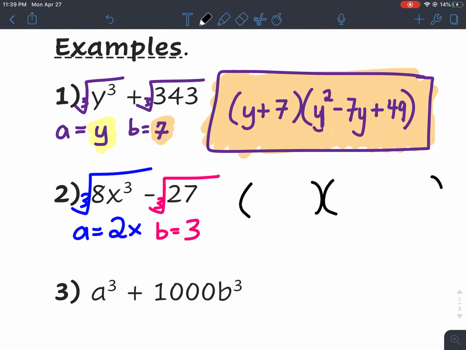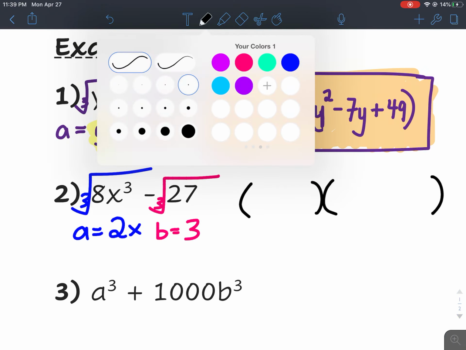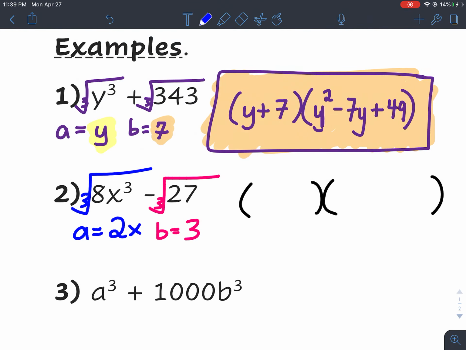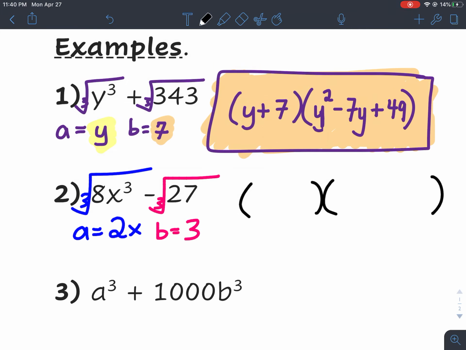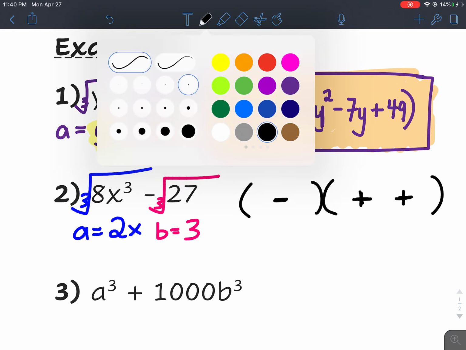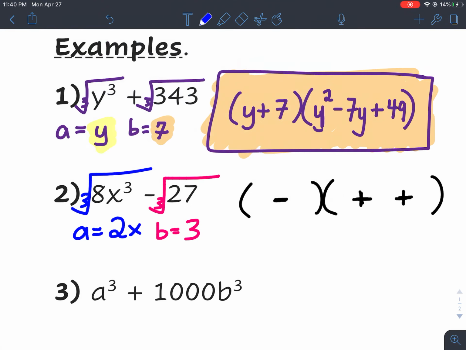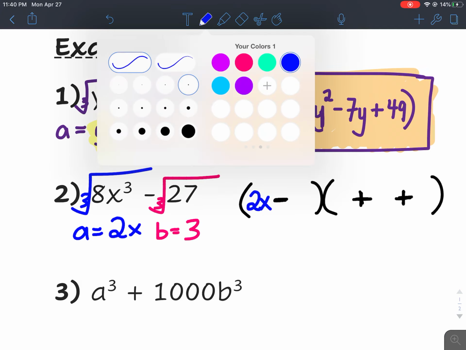Okay, and now we use our formula here. The first thing we do, we put our signs in. So it follows SOAP. So same sign as the original problem, opposite sign, and the last one is always positive. And that's coming from the original problem right here. Okay, and now we plug in A. A goes here.